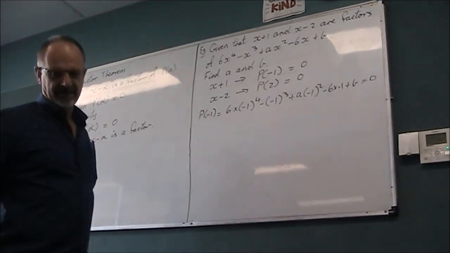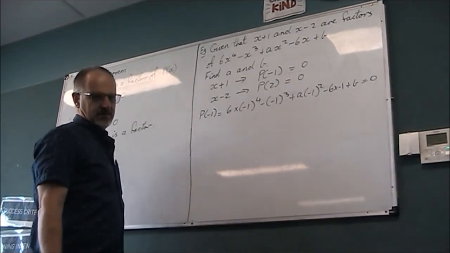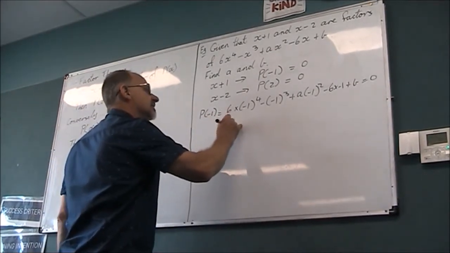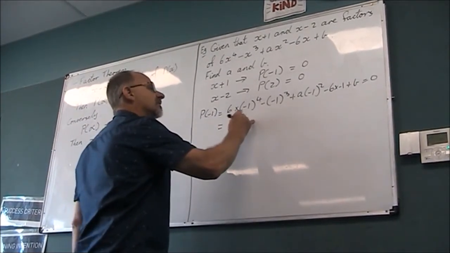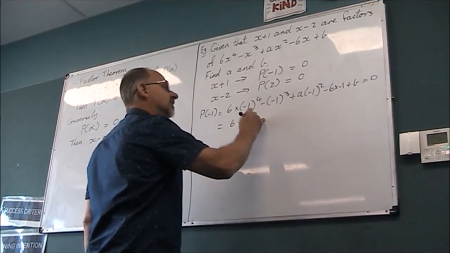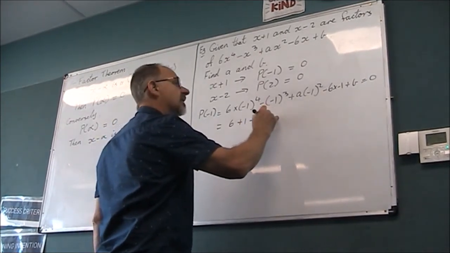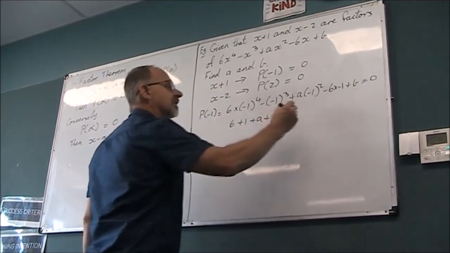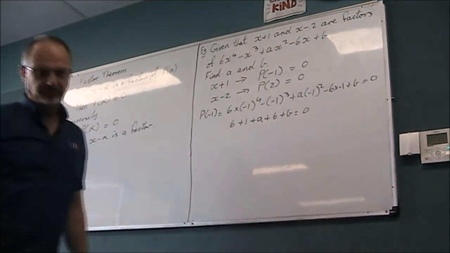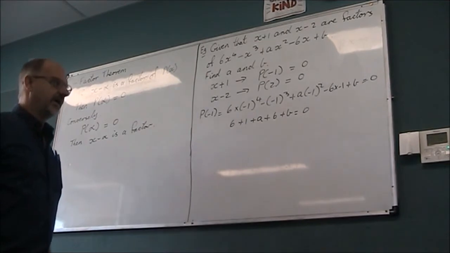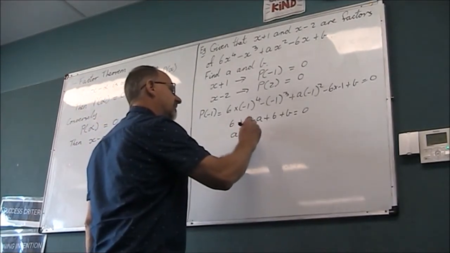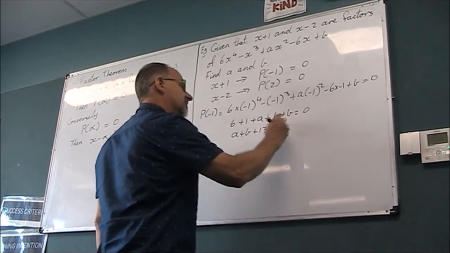And if I do some working out here, I'll get 6 plus 1 plus a plus 6 plus b equals 0. And if you add the number bits together, you get a plus b plus 13 equals 0.